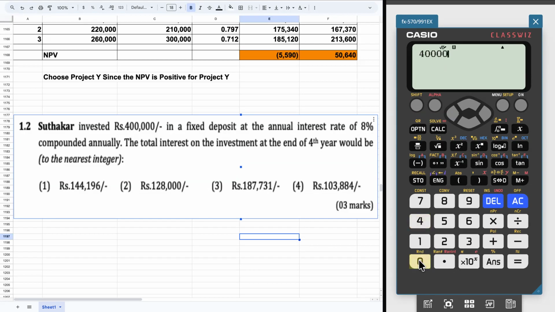So this 400,000 is going to be your principal amount and 1 plus R. 8% compounded annually. So we can use the annual rate. No need to calculate it. 0.08. And the power, because it's compounding, the total interest on the investment at the end of the fourth year. So there are 4 years. So it will give you the total value.